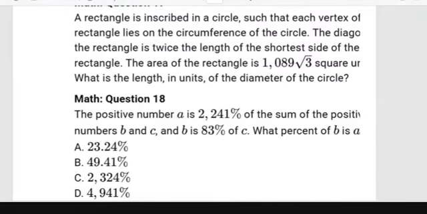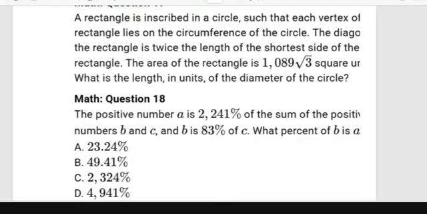Okay, all right. So this question, the first one: a rectangle is inscribed in a circle such that each vertex of the rectangle lies on the circumference of the circle. The diagonal of the rectangle is twice the length of the shortest side of the rectangle.